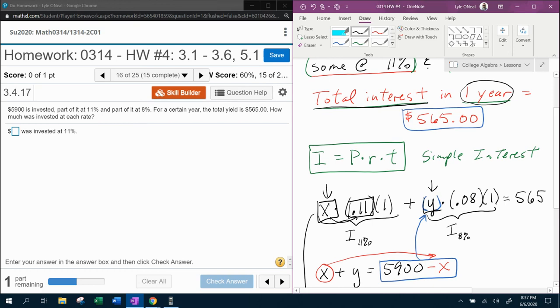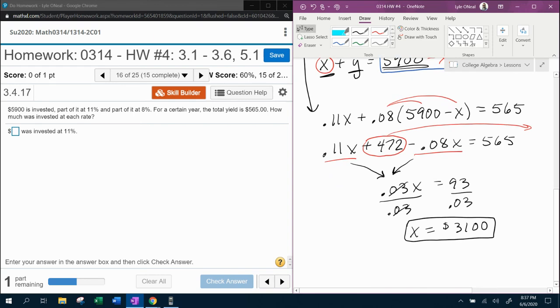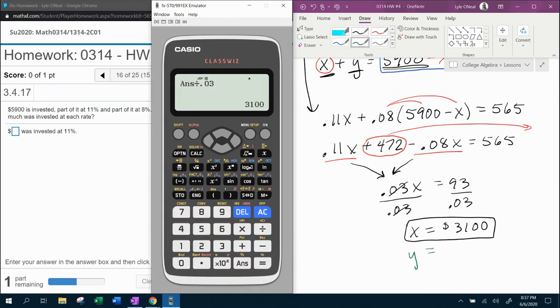Now we need to find the amount invested at 8%. And remember, we said that those two amounts have to equal 5,900. So we know that y has to be 5,900 minus 3,100.